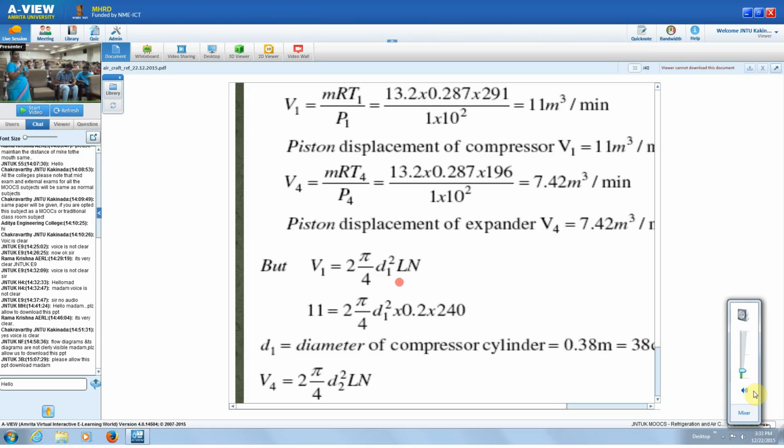So D and L. Here it is given that L is nothing but 0.2 times D. So then you can find out the diameter of the compressor cylinder as 0.38 meters. And similarly you can find out V4.